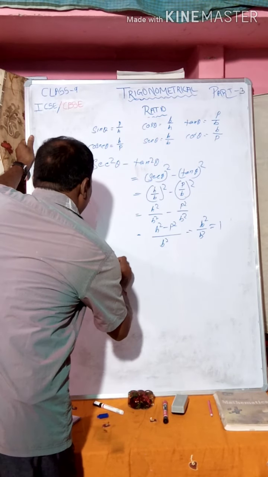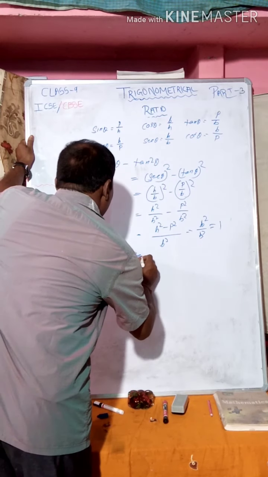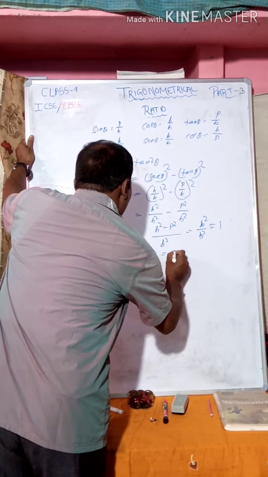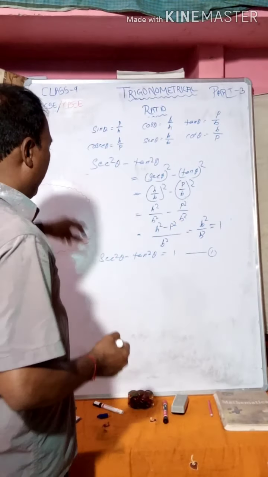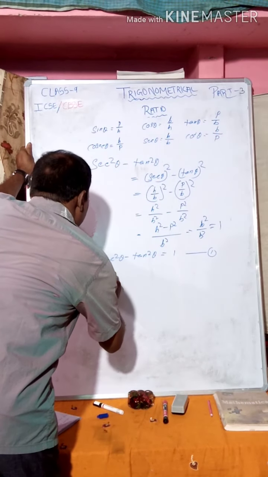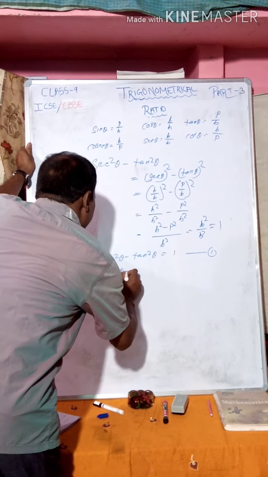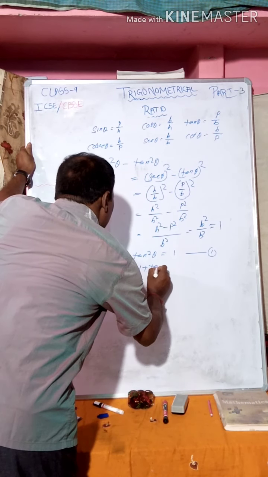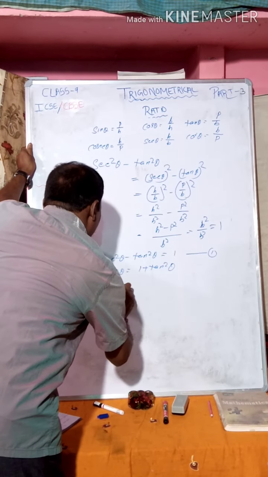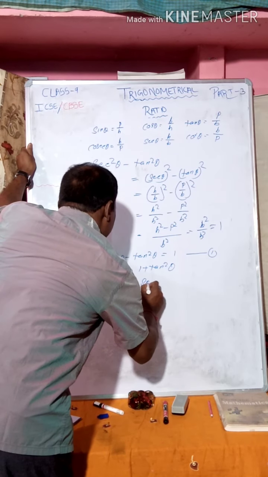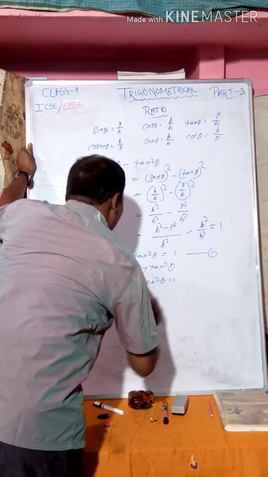Then from this formula, sec square theta is equal to 1 plus tan square theta, and tan square theta is equal to sec square theta minus 1.